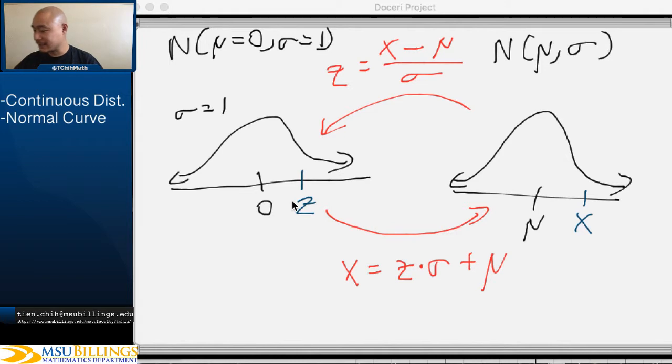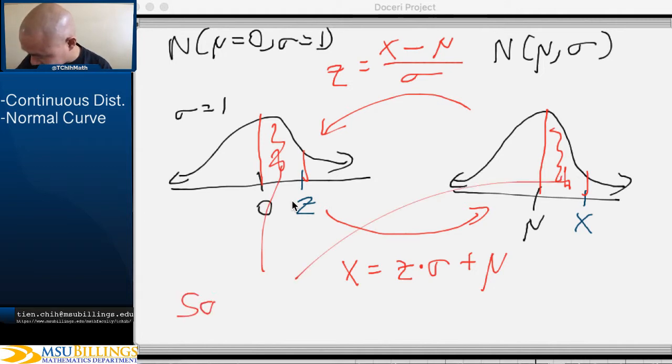And the reason that's significant is because if I, for example, take this area here on this curve, and I take the area here on this curve, these things give us the same area. And remember, area means probability.